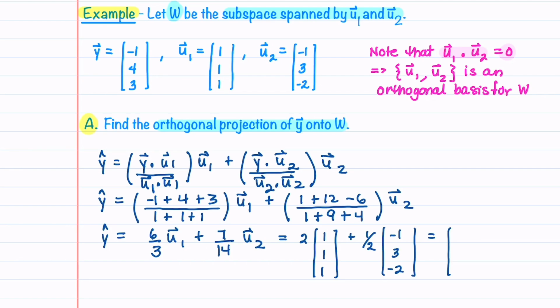This gives us the vector 2 minus 1/2, which is 3/2, 2 plus 3/2, which is 7/2, and then 2 minus 1, which is 1. This vector then is the orthogonal projection of y onto our subspace W.